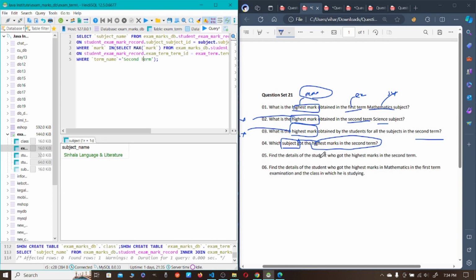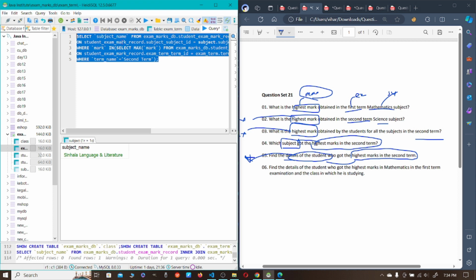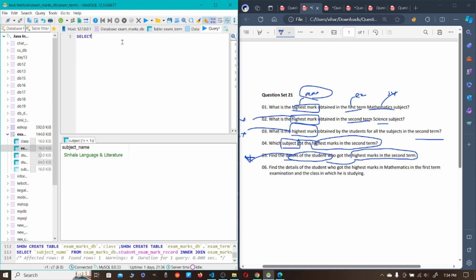Next question, find the details of the student who got the highest marks in the second term. So once again, we have to use the query of the third question as our subquery. Highest mark in the second term. They're asking the details of that student. So we have to use all columns, asterisk mark. Let's type our query now. Select.